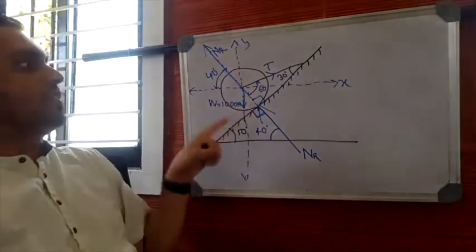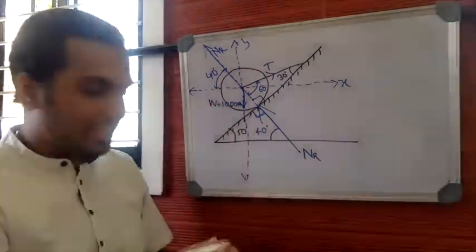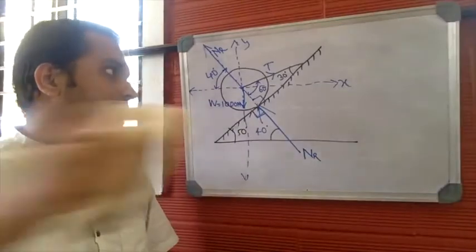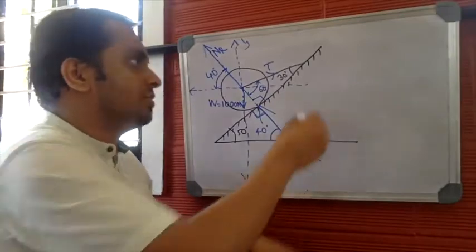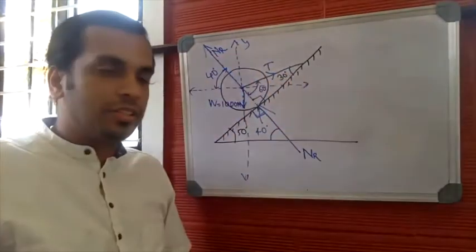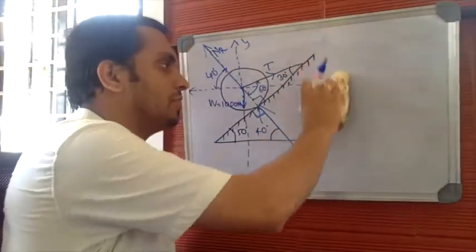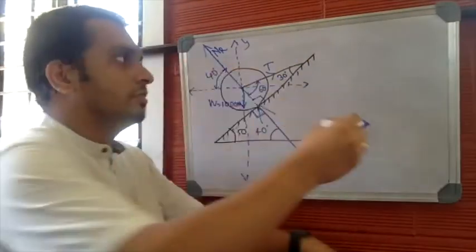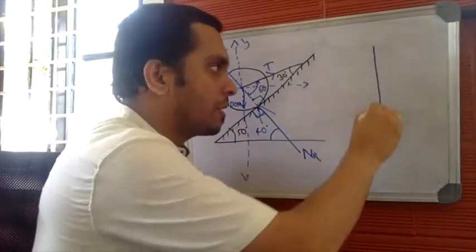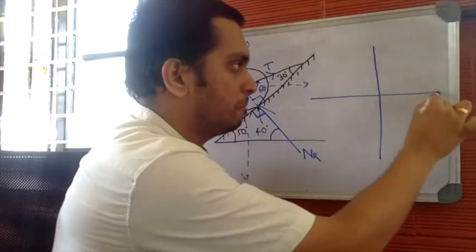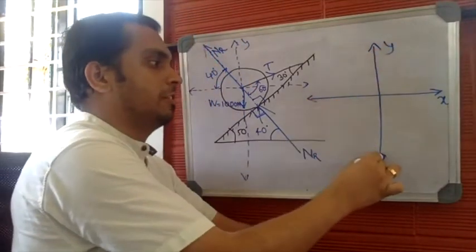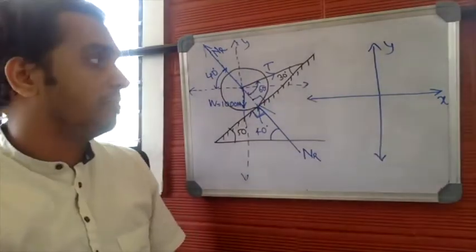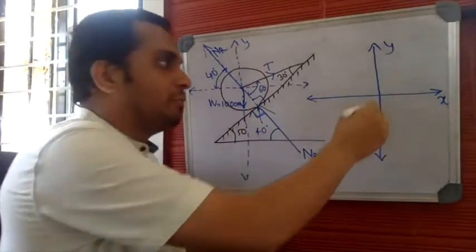So we got this much now. Let me reproduce the same by drawing the coordinates and forces systematically. We'll draw the coordinates. Now, self weight is to be marked here.